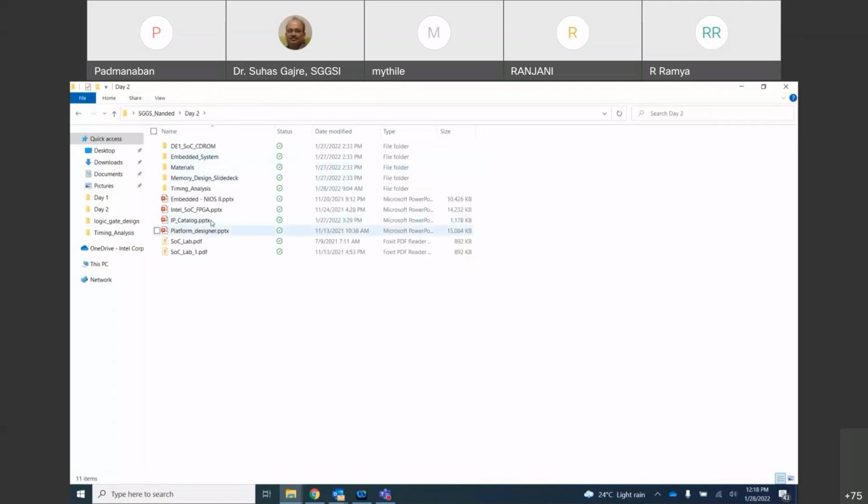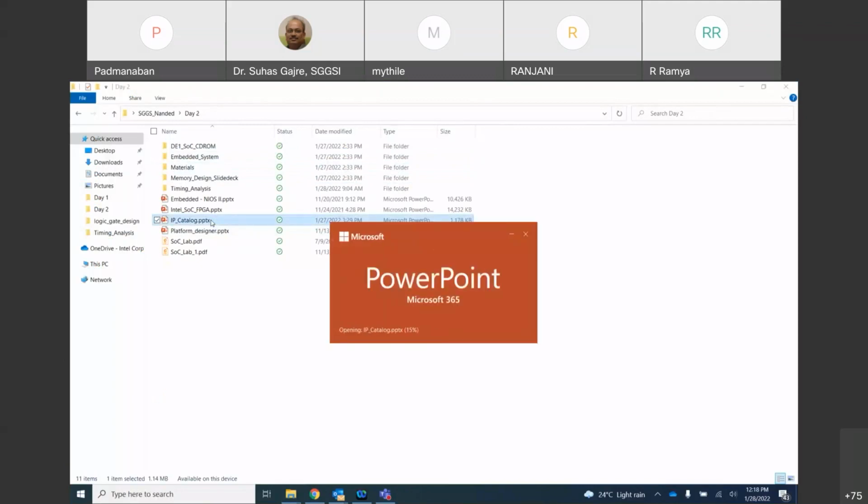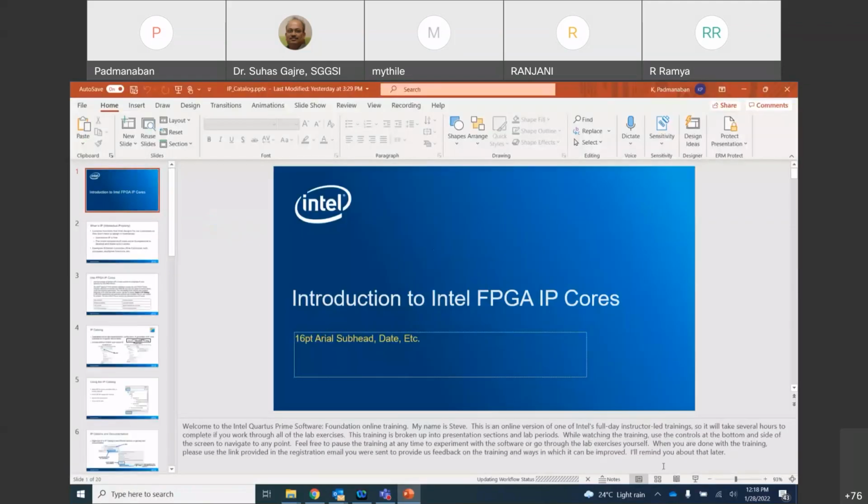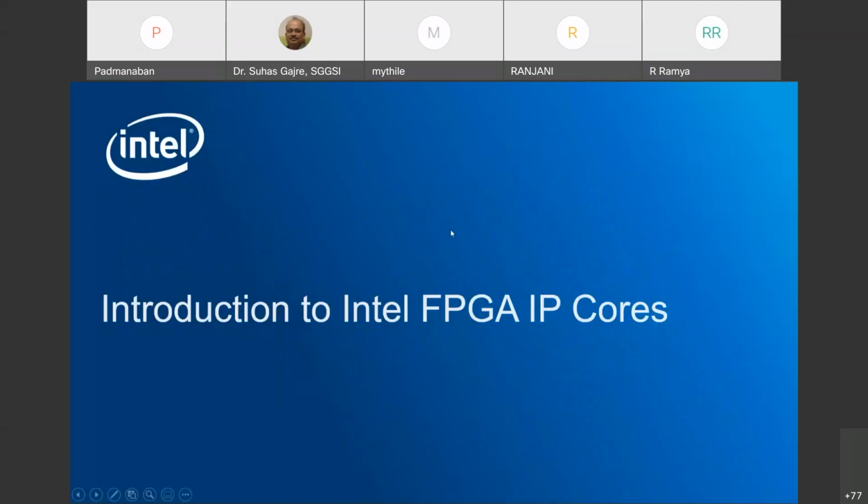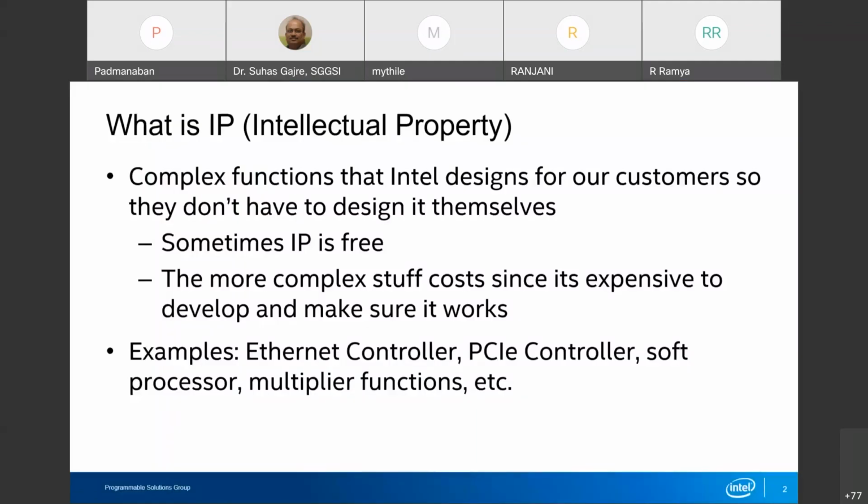Let us enter into the intellectual property, which is called the IP catalog. We call this the FPGA IP cores. What is an intellectual property? That's what we should understand right now.